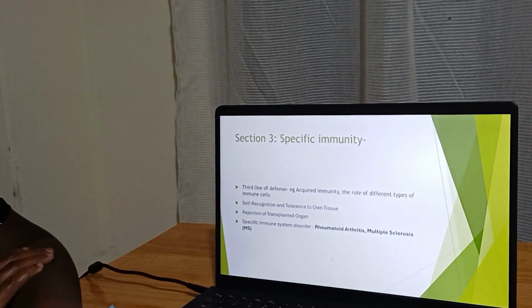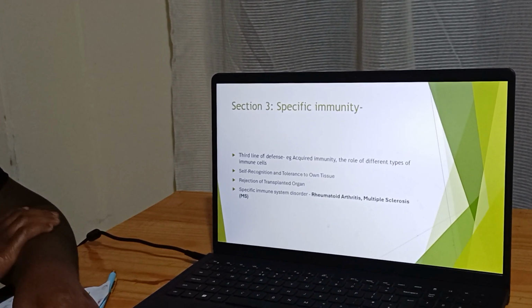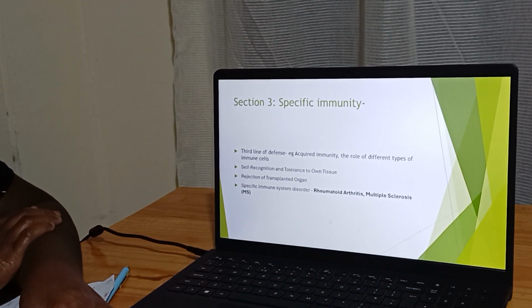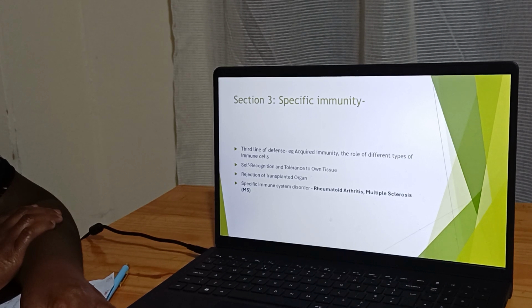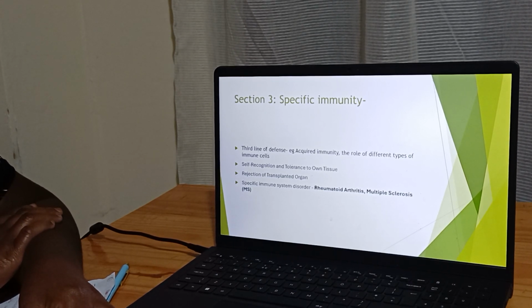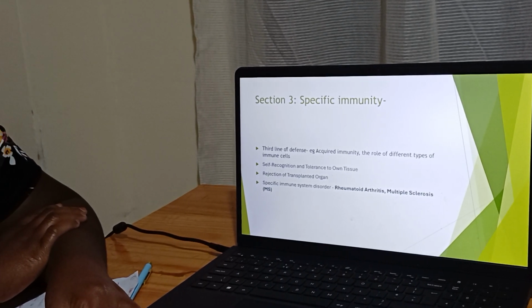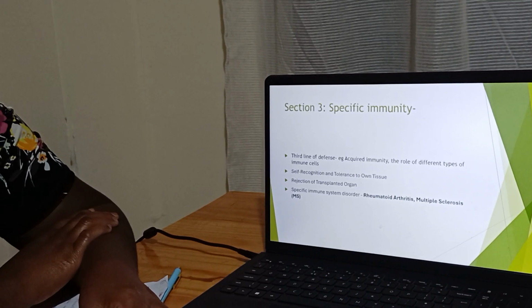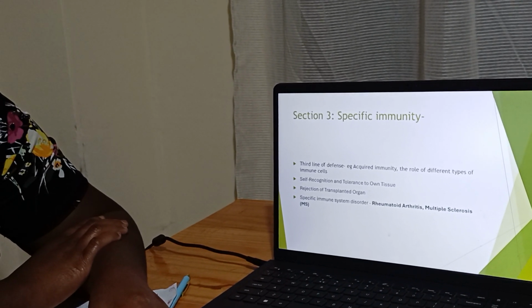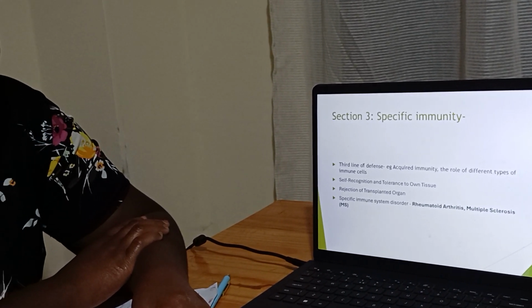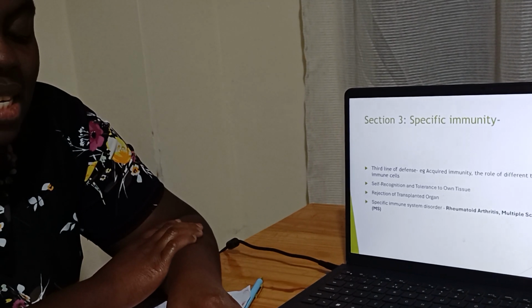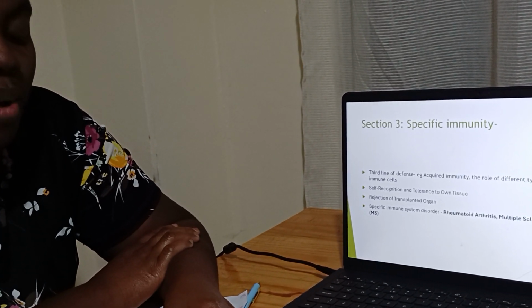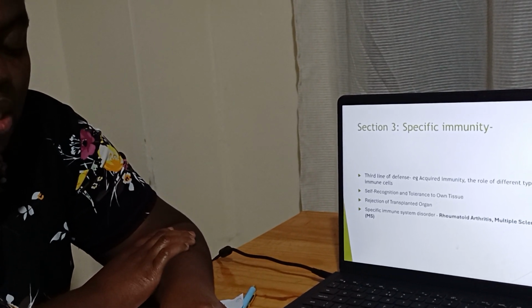And then we have the specific immunity, which includes the third line of defense. The body's third line of defense is also known as the adaptive or acquired immune response. This defense mechanism entails the identification and targeting of specific antigens which have been encountered by the immune system previously.